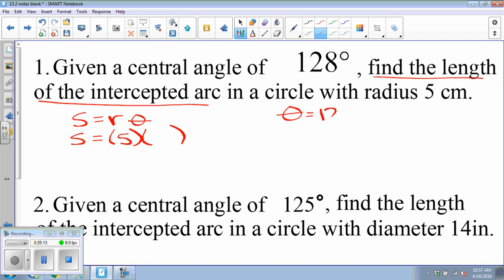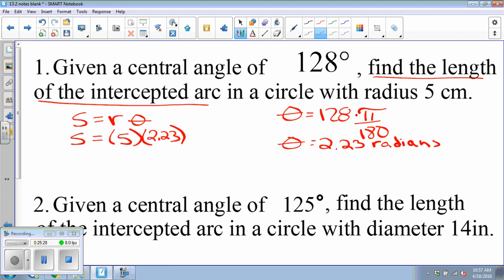Theta is 128 times pi over 180. So theta equals 2.23 radians. So when you multiply, you get 11.15 centimeters. Any questions on number 1?